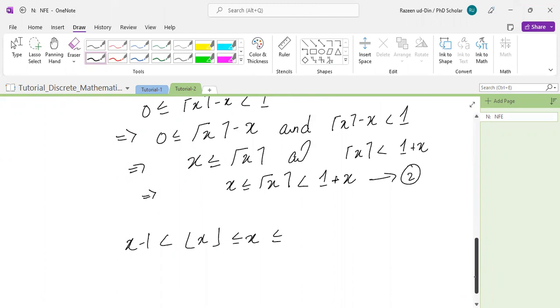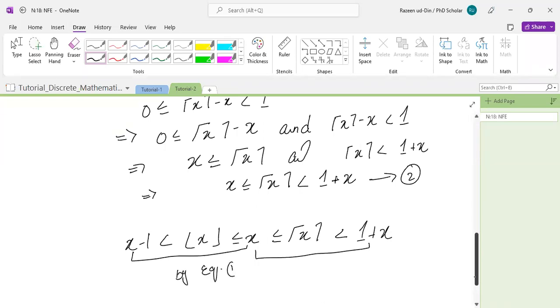Now this x is less than or equal to ceiling of x, which is strictly less than 1 plus x, right? So these parts come from equation 1, and this one comes from equation 2, which is nothing but our desired identity.